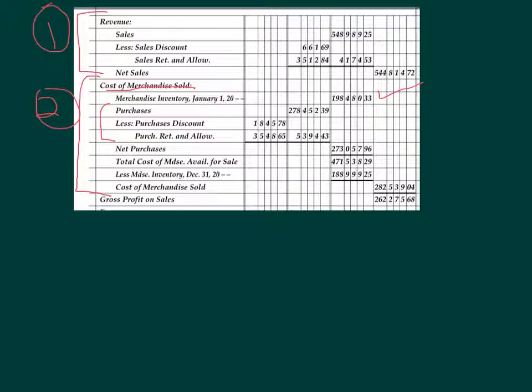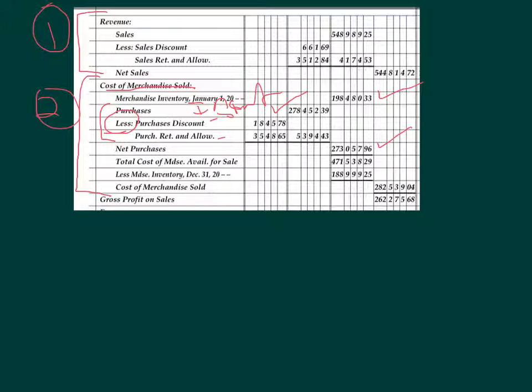The purchases amount will be coming from the debit column of your income statement. And the contra accounts, the purchases discount, and the purchase returns and allowances will be subtracted from your purchases to obtain your net purchase amount.